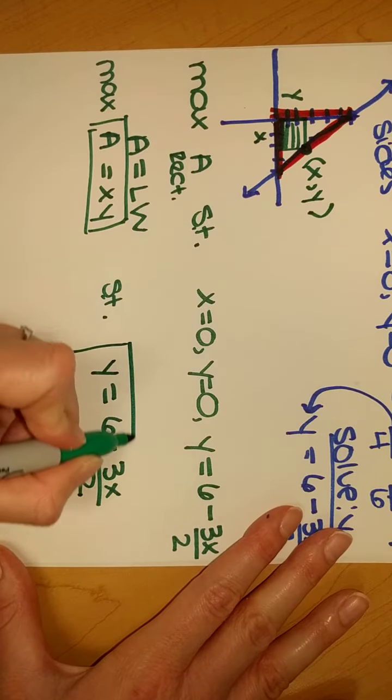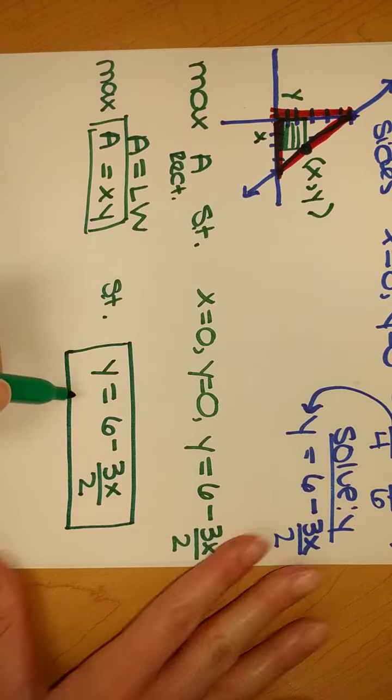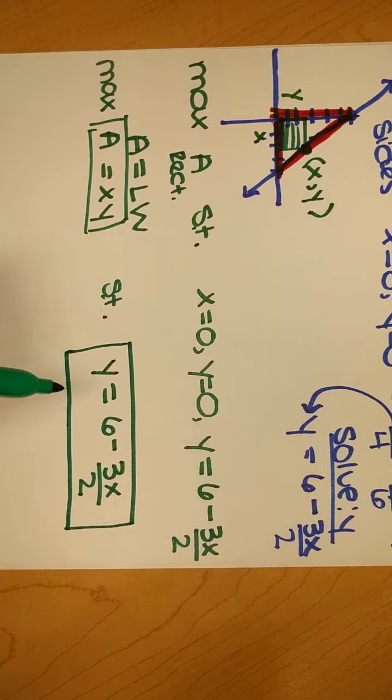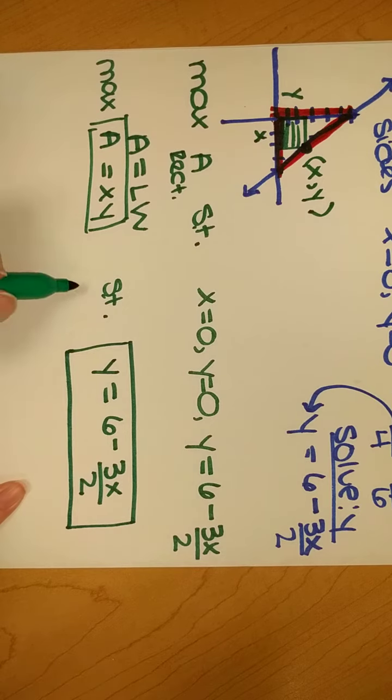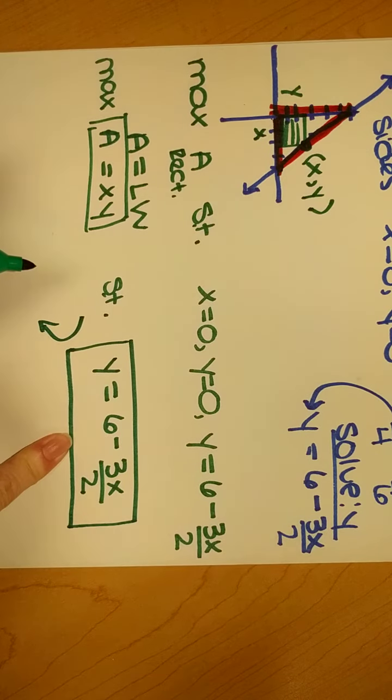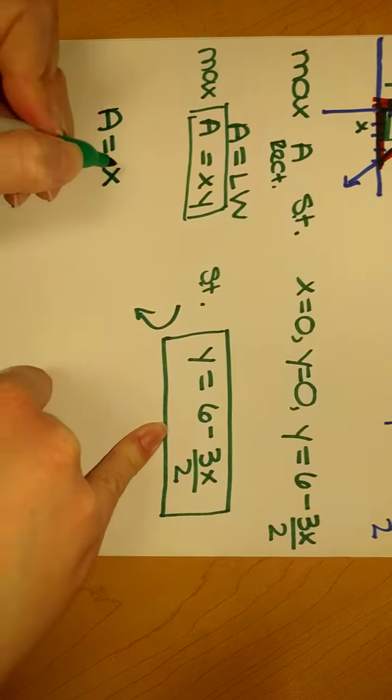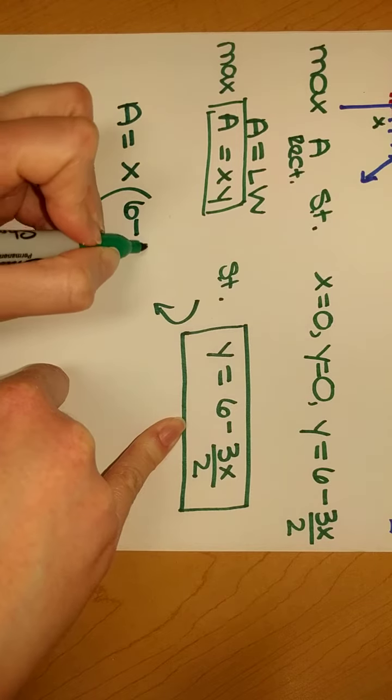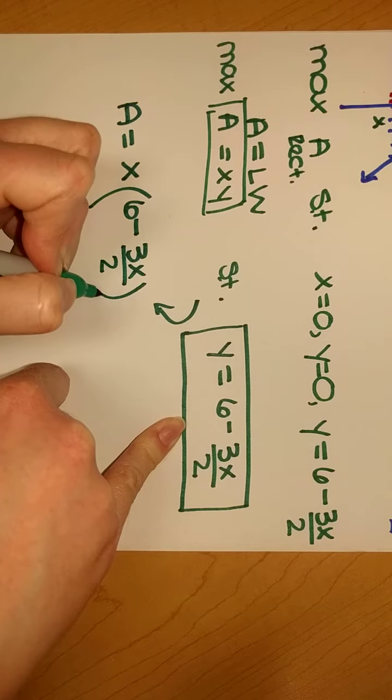So we're trying to maximize x times y subject to this y equation. As you notice in your objective function, you have two unknowns. So we're going to plug in this solved constraint for the unknown of y. That will give us the area function as x times our y, which is 6 minus 3x over 2.